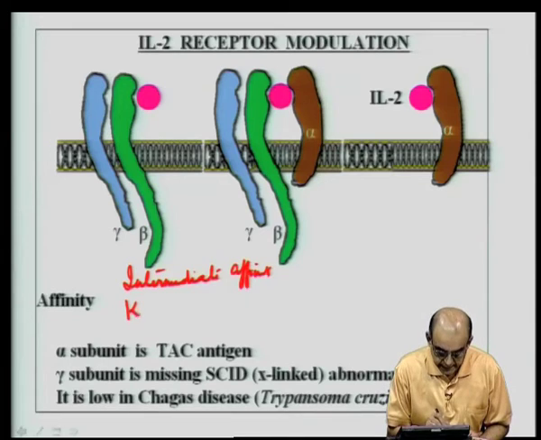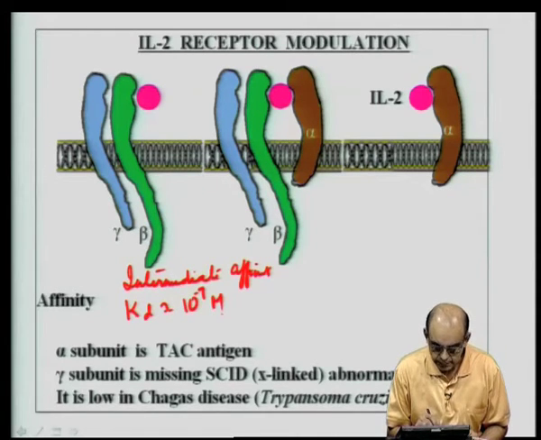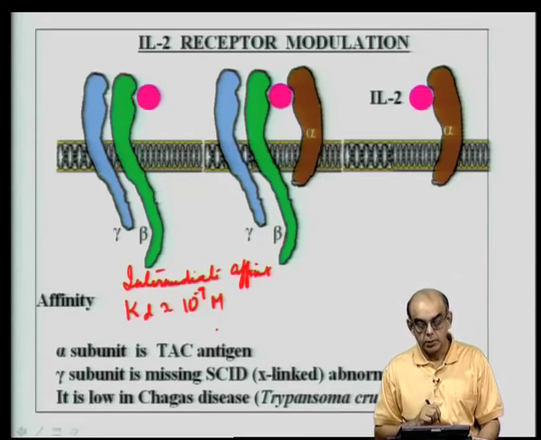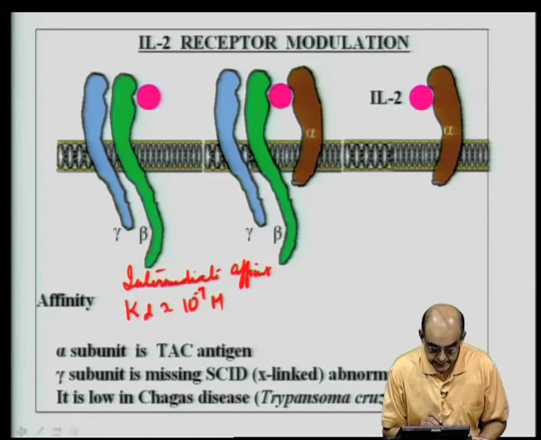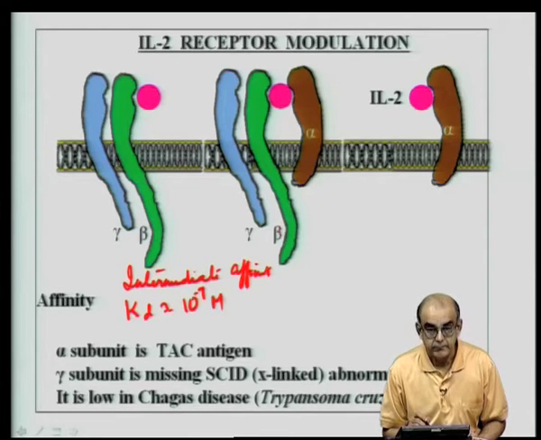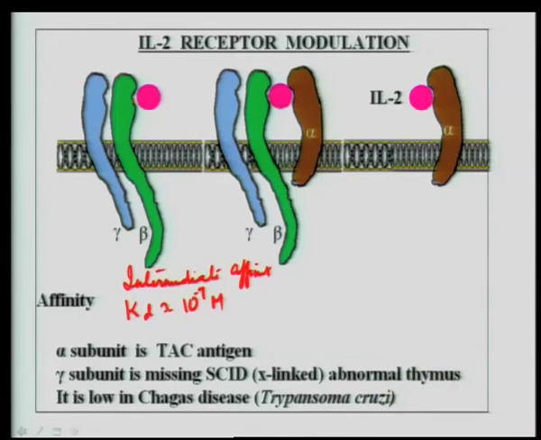Having a Kd value of approximately 10 to the minus 9 molar. So, you will see that when you look at this intermediate affinity, the IL-2 binds to its receptor, and after this binding is over, the alpha subunit starts to get induced on the cell surface.